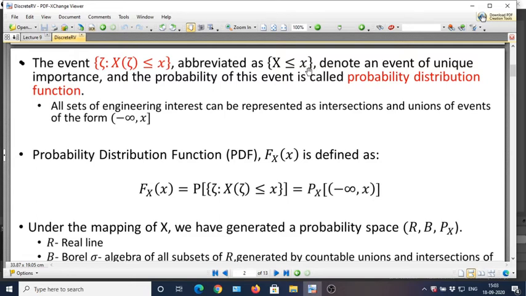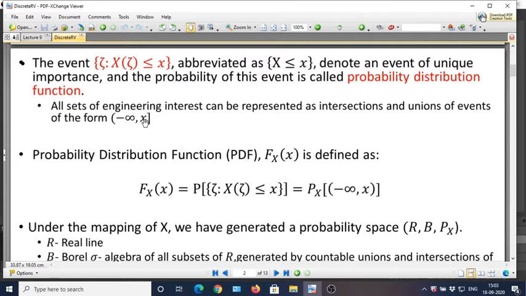So we will use this shorthand notation. Henceforth, we will call these intervals on the real axis themselves as events, but these are nothing but intervals which are the maps from the events in the sigma algebra.